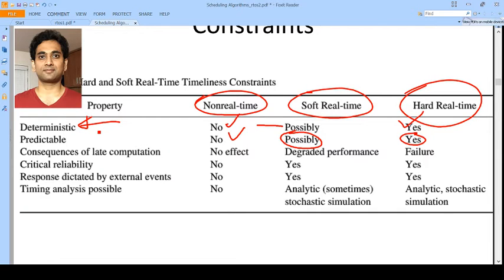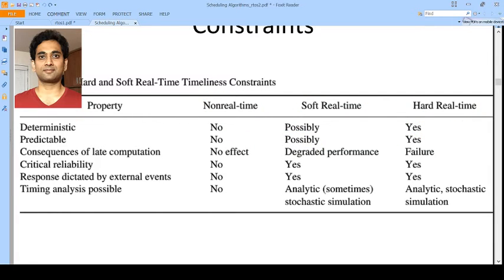Now, when it comes to consequences of late computation, a non-real-time system does not care even if the deadlines are met or if certain tasks compute late. It does not matter. But in a soft real-time system, that results in a degraded performance.